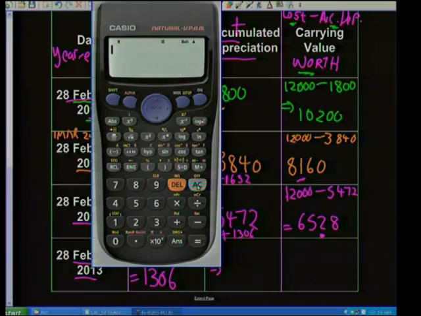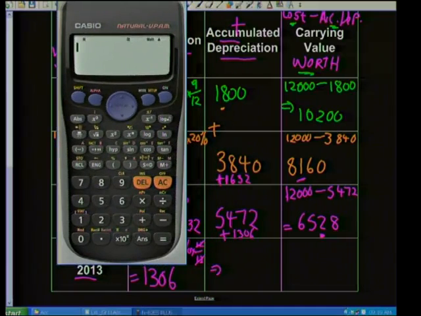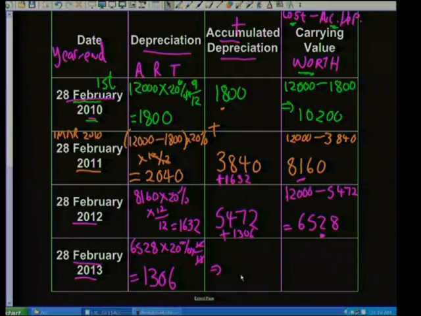Let's just do that calculation one more time. Just going to move this. So we're taking 5,472. We are adding 1,306 to get 6,778. Okay, 6,778.